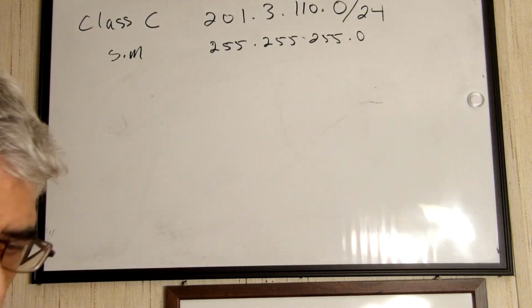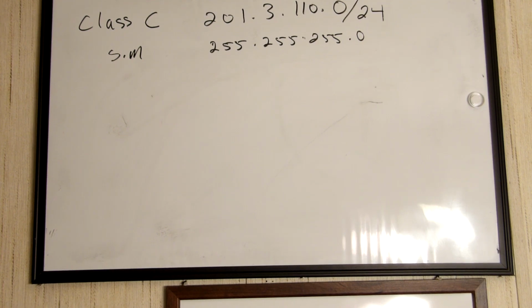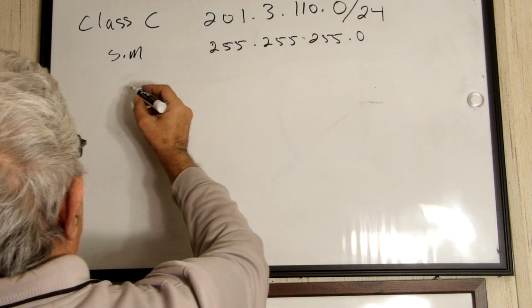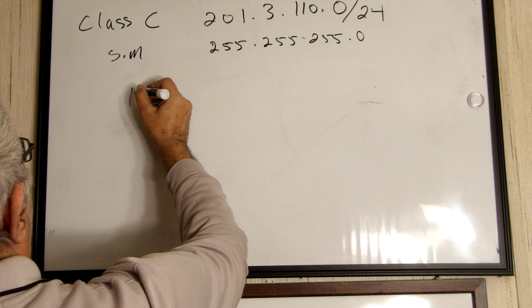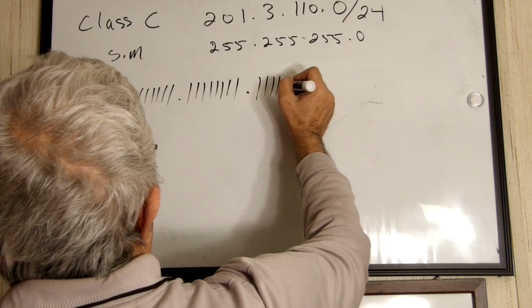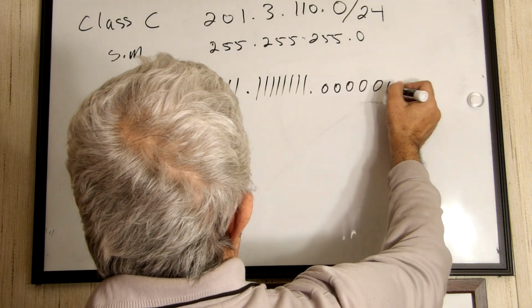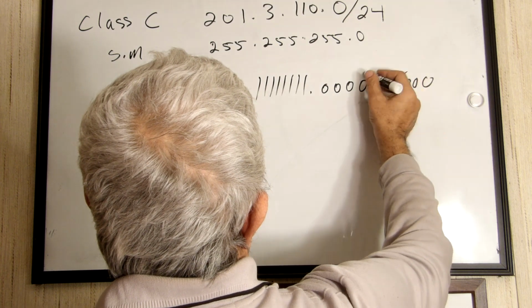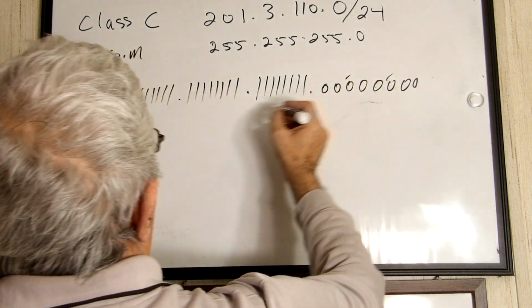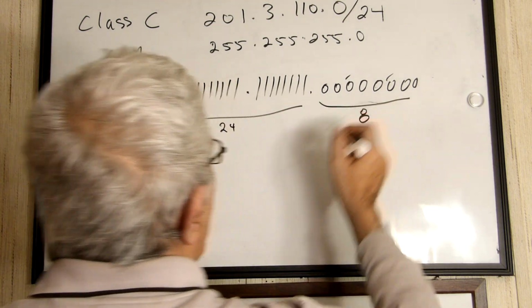It means that there are 24 ones. 8, 16, 24, 8 of them. 24 means there are 24 ones, and this one is 8 zeros.